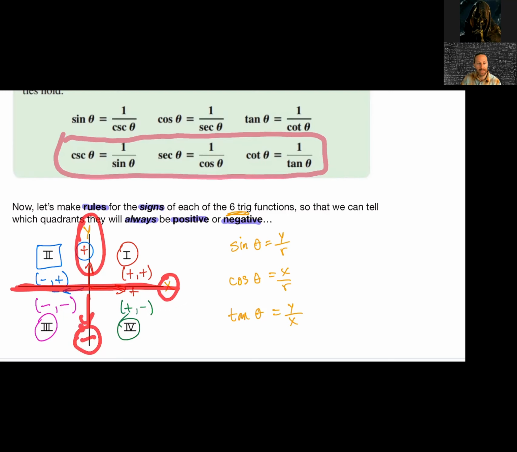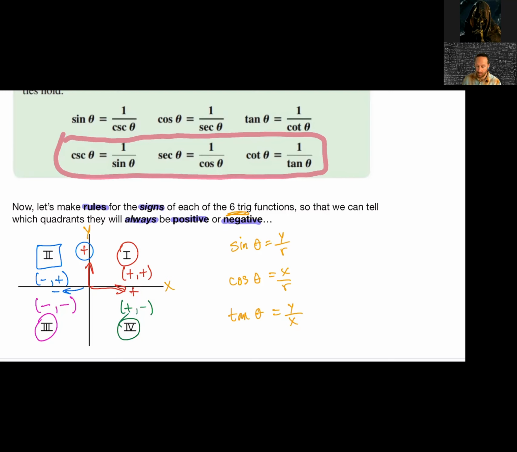So what does that mean? Sine will always be in quadrants 1 and 2? Positive. And therefore, what would sine always be in quadrants 3 and 4? Negative. Very good, Samara.